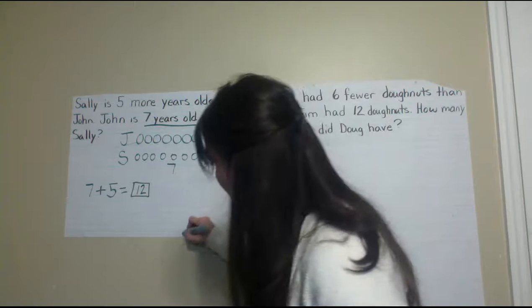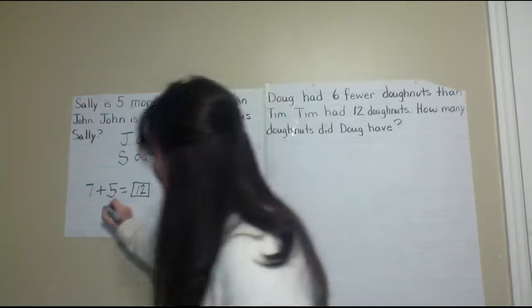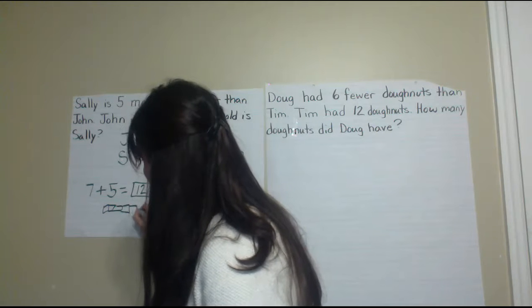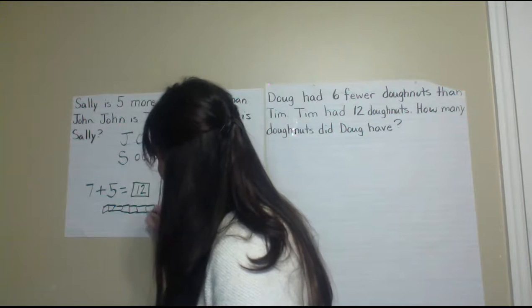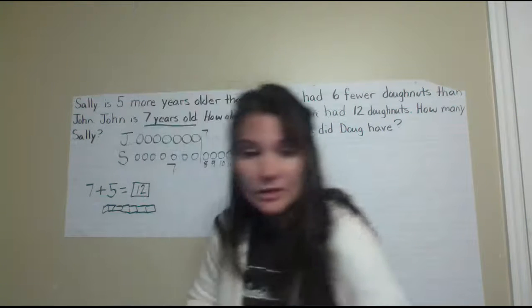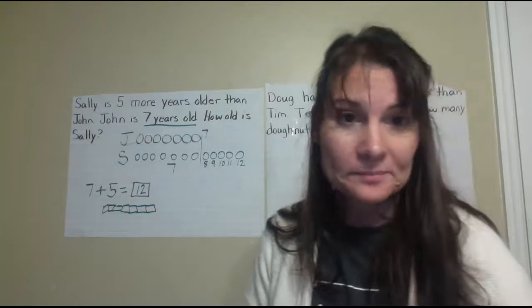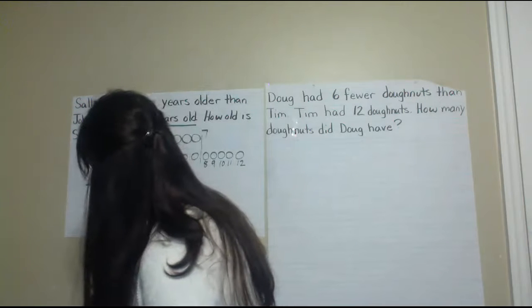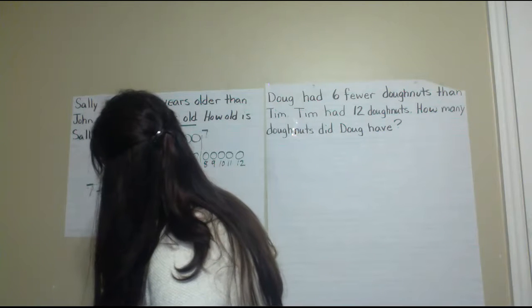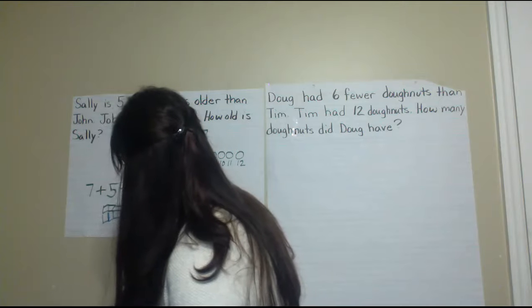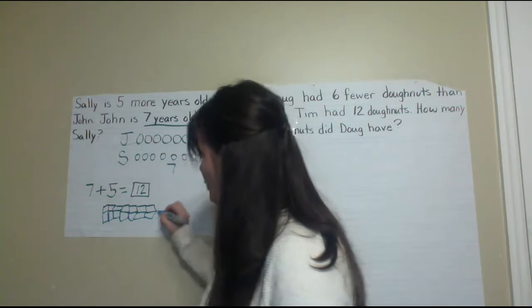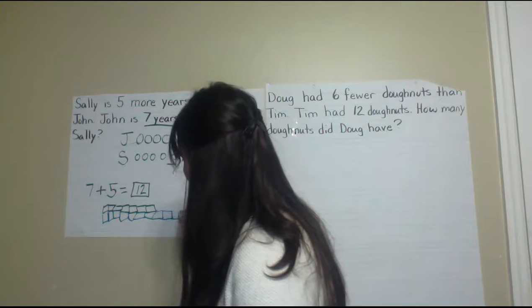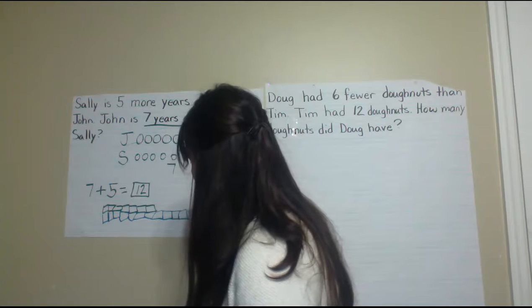I could show that with cubes. 4, 5, 6, 7. I'm going to use a different color for Sally. And then she had 5 more. 3, 4, 5.